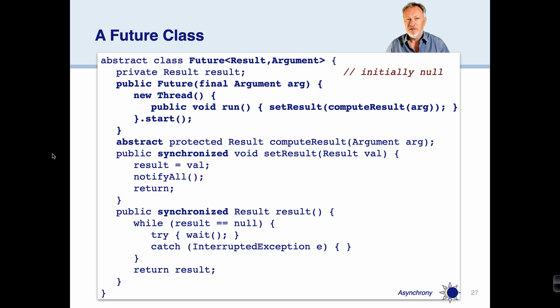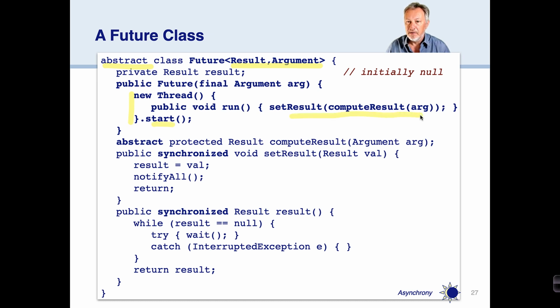So here's a possible design of a future class for Java. Here, future is designed as an abstract class, a generic abstract class with an argument and a result type. When the future is constructed, a new thread will be created to start the run method.